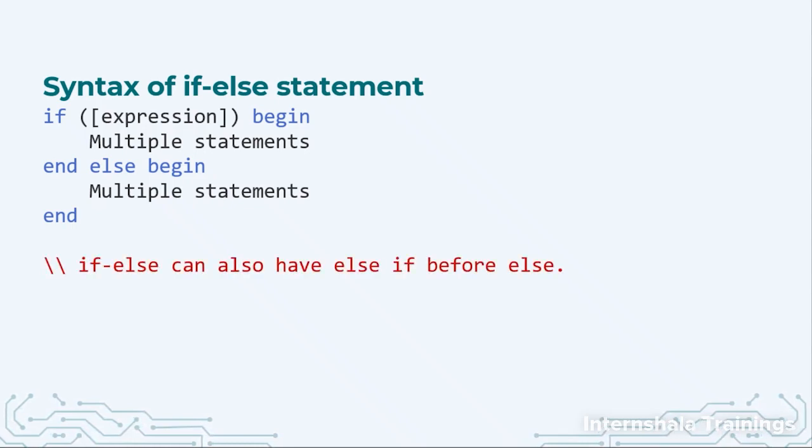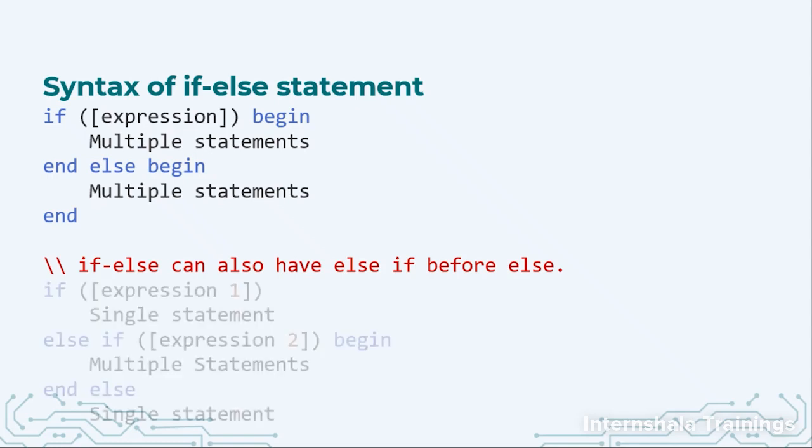If-else can also have else if, that means multiple comparisons. If the temperature is less than 35, do this. If it is between 35 and 45, do this. If it is between 45 and 65, do this. Else, do this. That kind of thing can be done using else if.